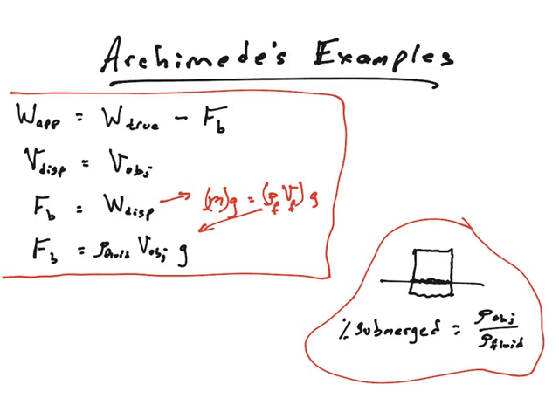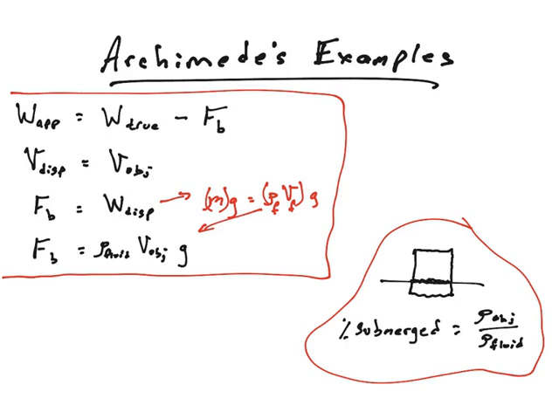But because we won't always know the volume of the fluid that was displaced, we're usually going to know the volume of the object that we stuck in there. Since they're equal, then we have our final equation. The buoyant force is the weight of the displaced fluid, which is the density of the fluid you're working with, the size of the object you put in there, its volume, times g.